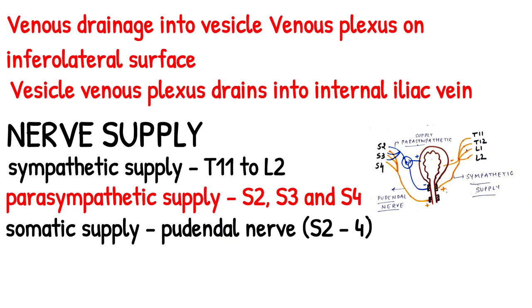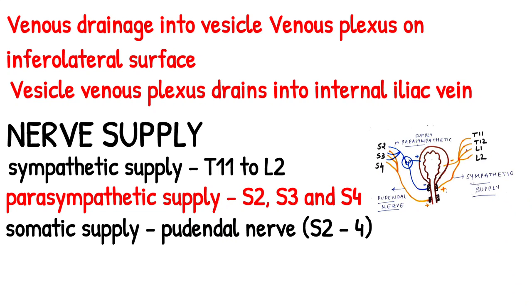Now coming to the nerve supply of the urinary bladder. The urinary bladder has autonomic nerve supply and somatic nerve supply. The autonomic nerve supply, that is the sympathetic nerve supply, is given by the T11 to L2 segments of the spinal cord, and the parasympathetic nerve supply is given by the S2, S3 and S4 segments of the spinal cord.